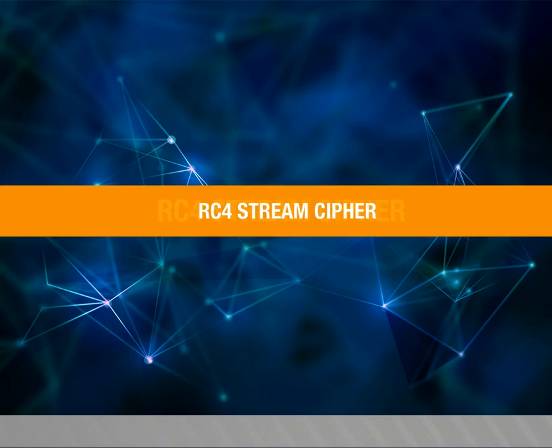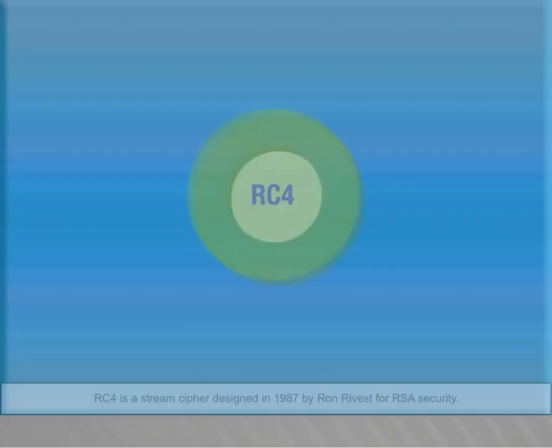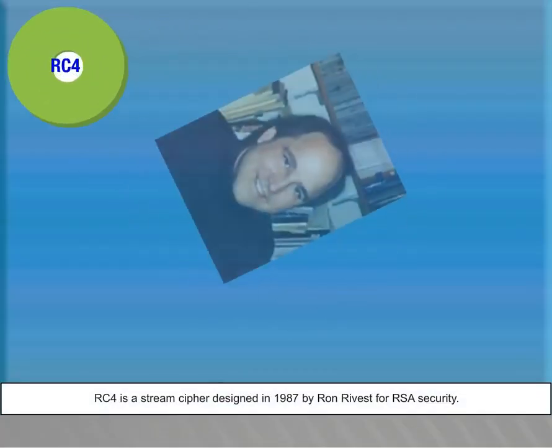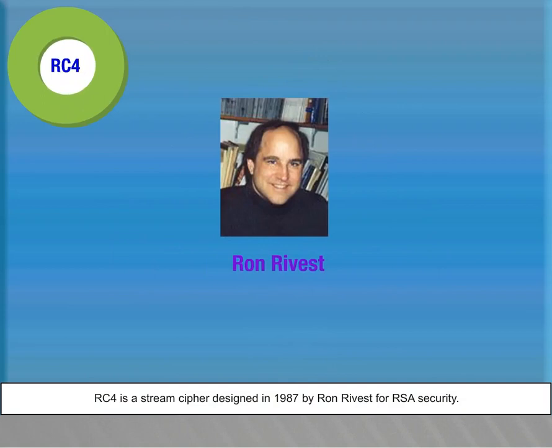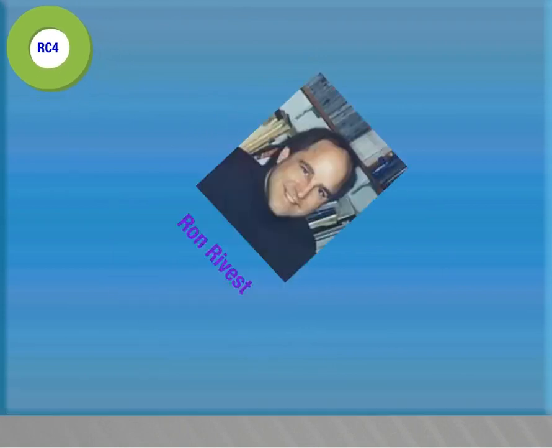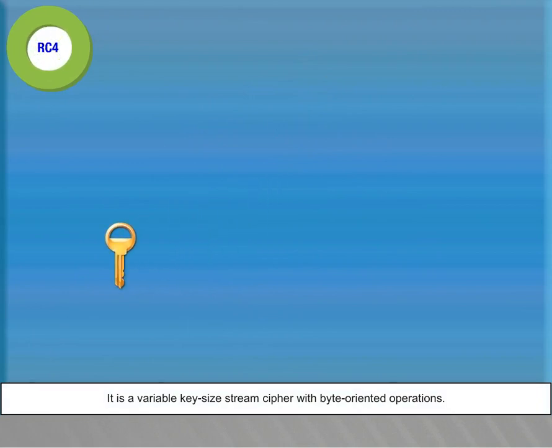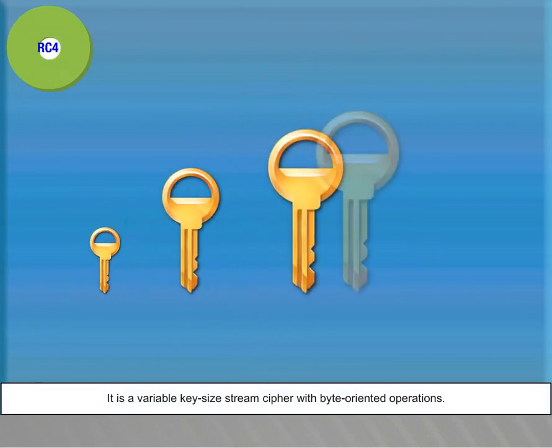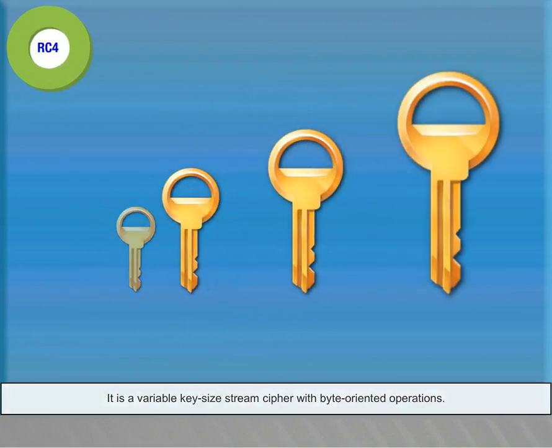RC4 stream cipher. In this video, we are going to see about the RC4 stream cipher. RC4 is a stream cipher designed in 1987 by Ron Rivest for RSA Security. It is a variable key size stream cipher with byte-oriented operations.